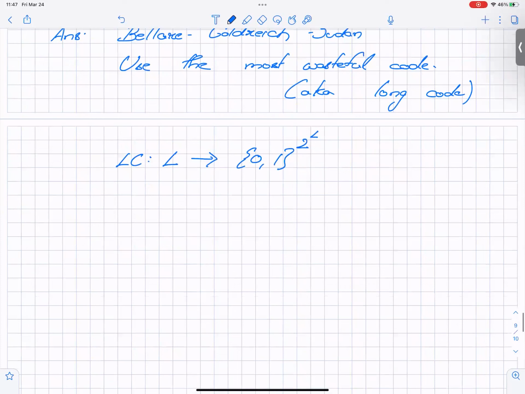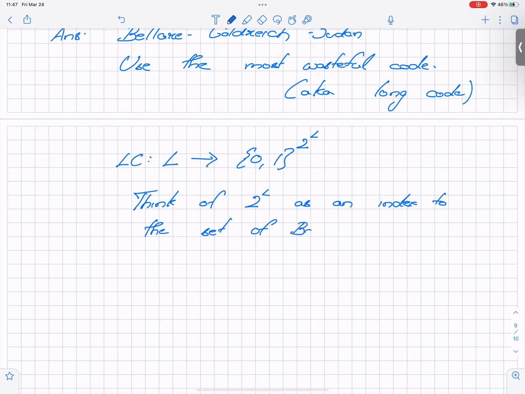So basically, what is it going to do? Think of 2 power L as an index to the set of Boolean functions f going from L to 0, 1.